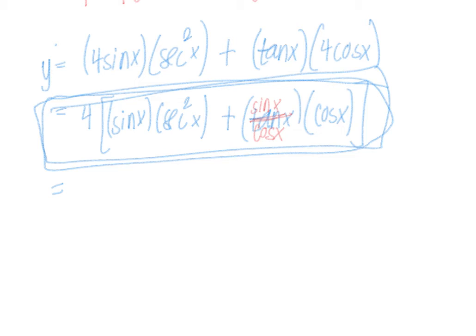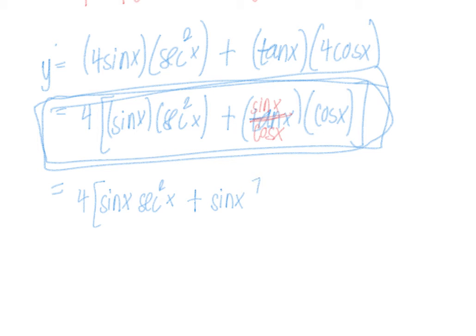And when I do that, this cosine right here cancels with this one, and I'm left with 4 sine of x secant squared x plus the sine of x.